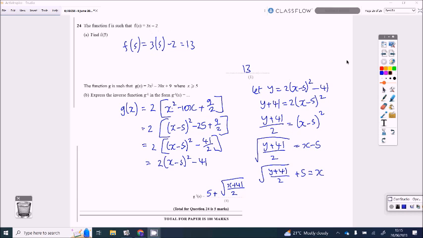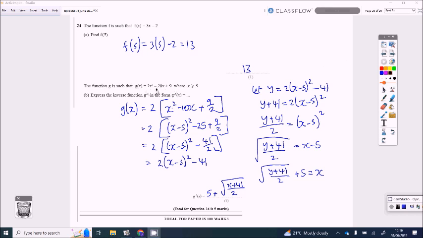Now for part B, to find the inverse function, we're going to have to change the subject, and you can't do that while you've got x cropping up twice in the equation. So you had to remember that you could complete the square.